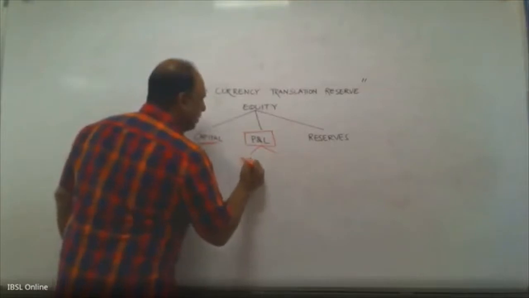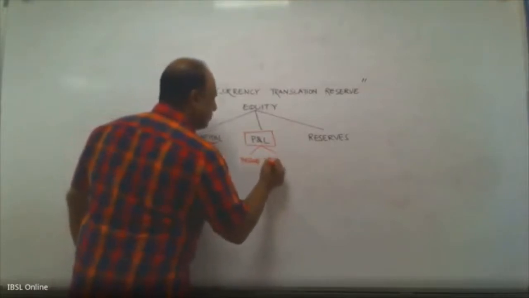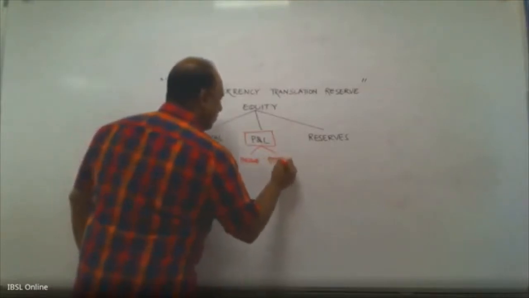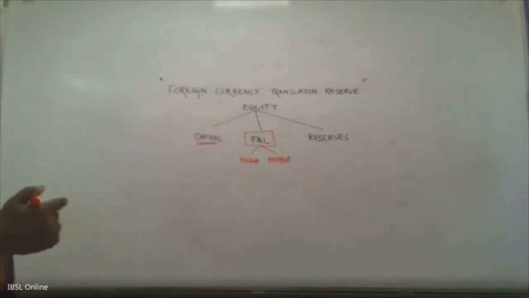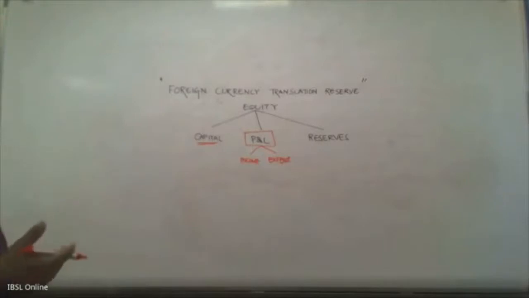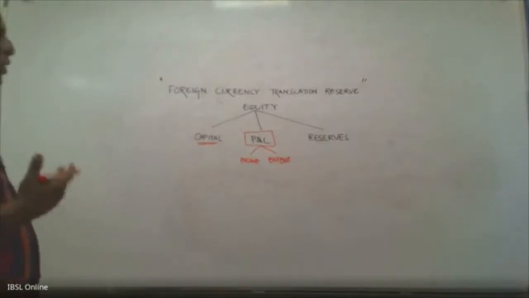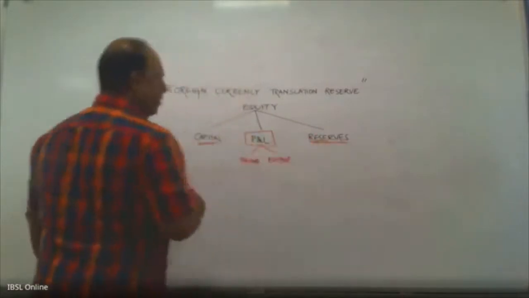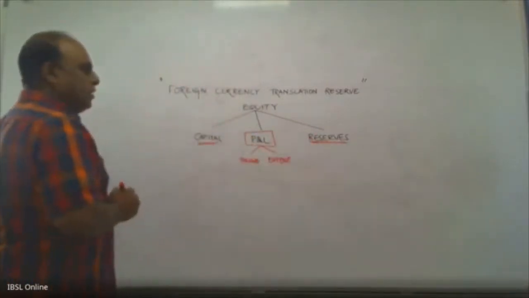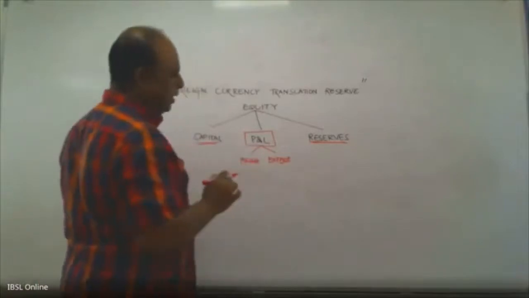This includes income and expense. Okay. So while you run the business, there are certain elements which are created, which we call reserves.